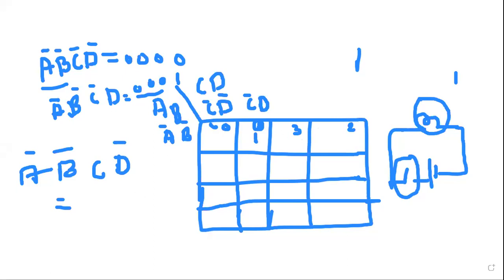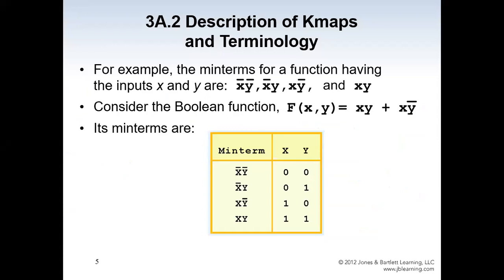Understood? Let me show you one more example. Just 1 minute. We can see here the same thing which I want to explain to you through the Karnaugh map. For example, here you have a min term having the function x and y. If I am writing x bar, y bar, what does it indicate? What is the value of x? 0.